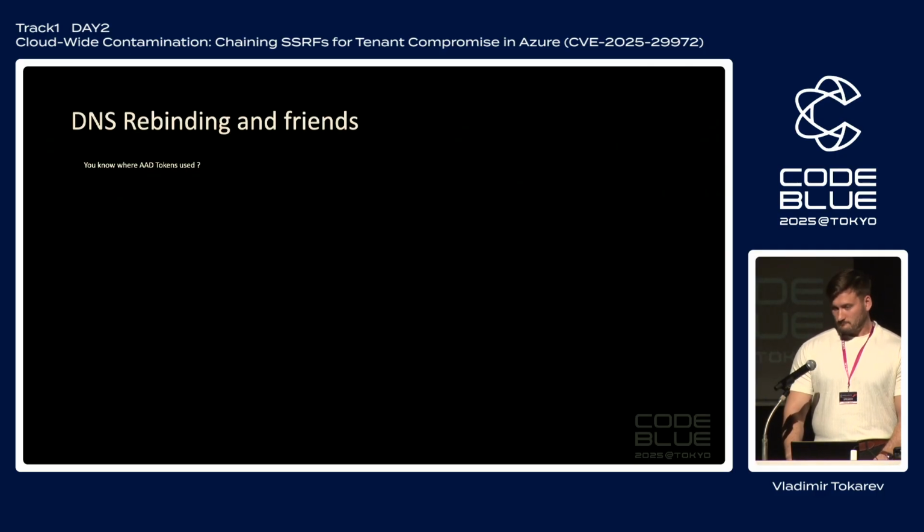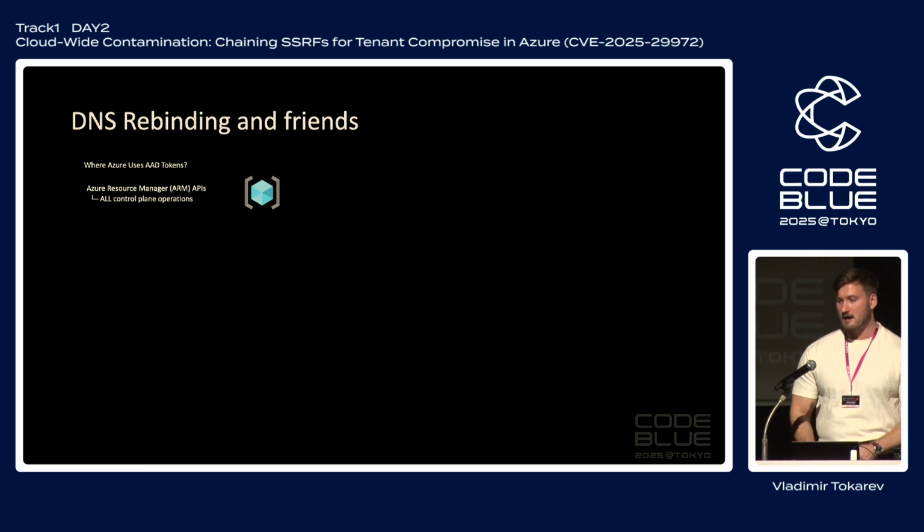And now, let's talk a little bit about what can we do with the AAD tokens in Azure? Basically, all of Azure uses Azure AAD tokens. For instance, we have ARM that we already talked about, all control planes under ARM using AAD tokens.